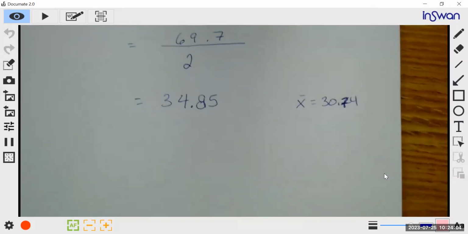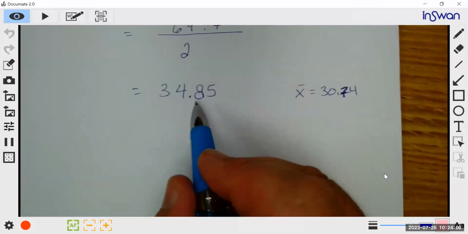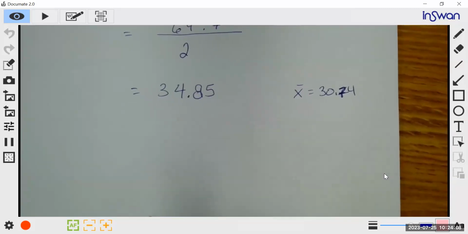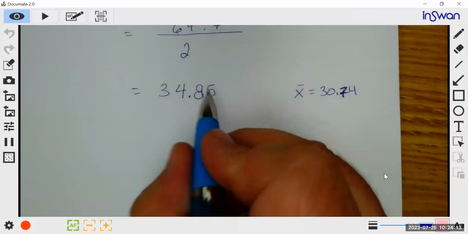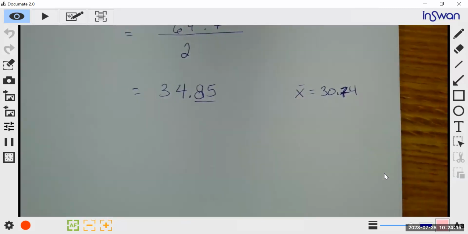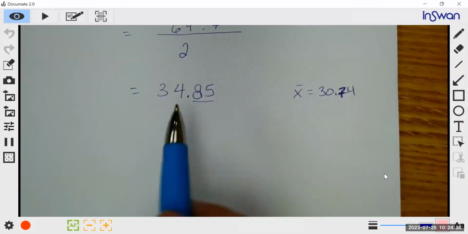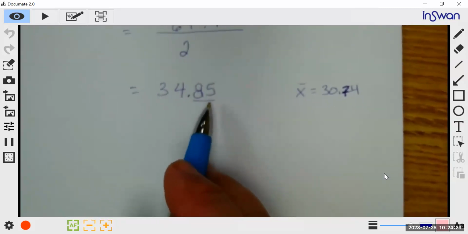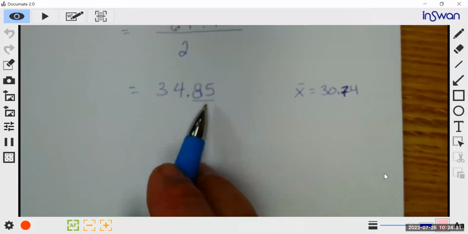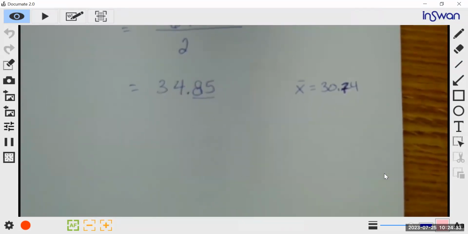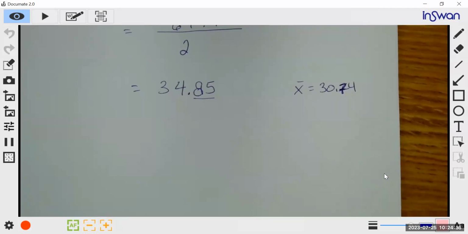Now, when we talk about rounding, the mean, median, and the range always have one more decimal place than your data set has. Typically, your data set will have one, maybe two decimal places. Your final answers for the mean, median, and midpoint, mid-range, will have one more than that, if possible.